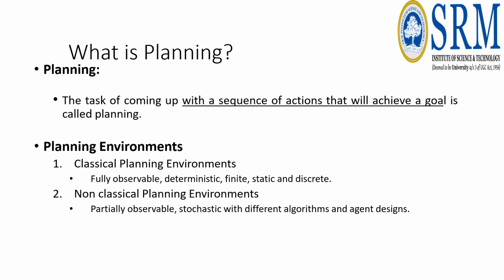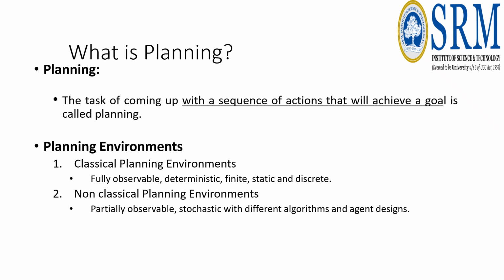So that is exactly planning. The task of coming up with the sequence of actions that can achieve the goal is called planning. There are two different types of planning environment: one is the classical planning environment and another is the non-classical planning environment.